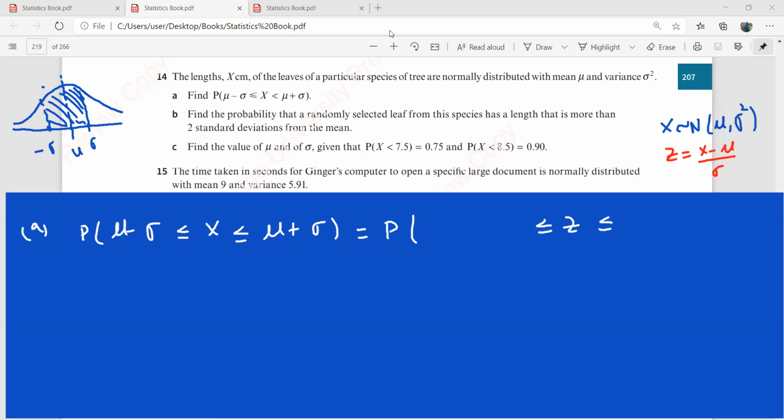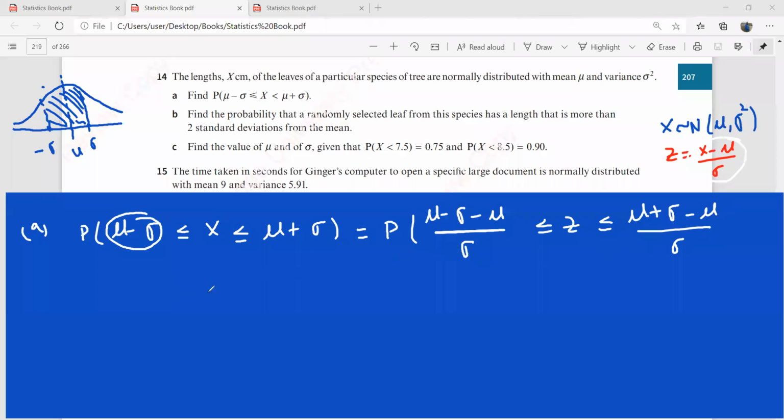So here x is mu minus sigma, minus mu, over sigma, and then for the upper limit, mu plus sigma minus mu over sigma.